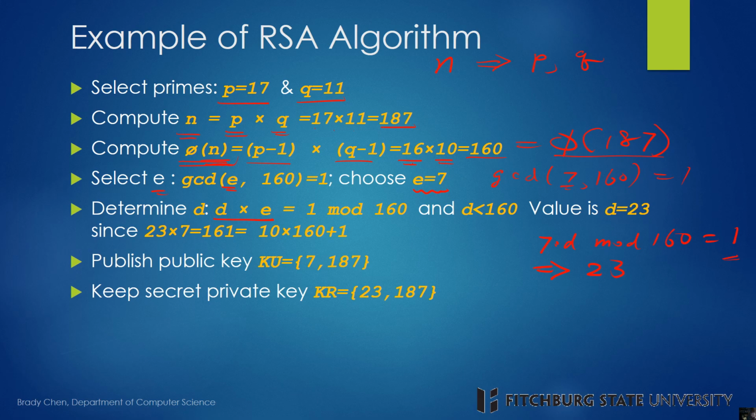It is true. Okay. So we can create a public key PU, it's not a KU, it's 7 and 187. And the PR, the private key, is 23 and 187.